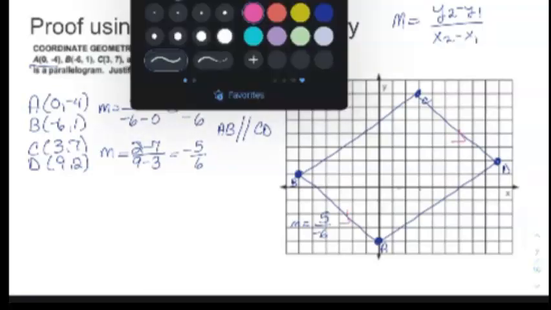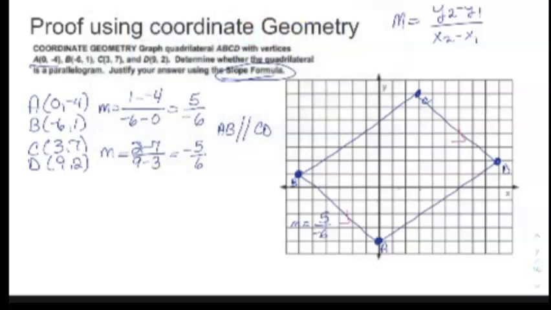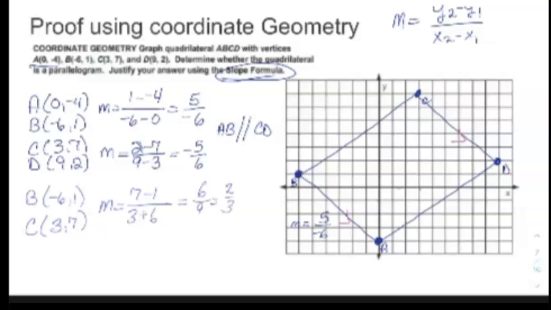Now let's check segments BC and AD. For BC, we have -1, 3 plus 6, and we get 6 over 9, which simplifies to 2/3. Now let's check AD.